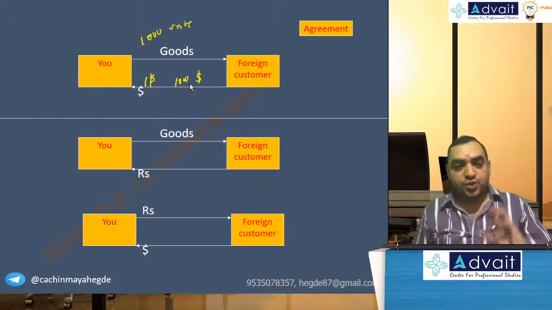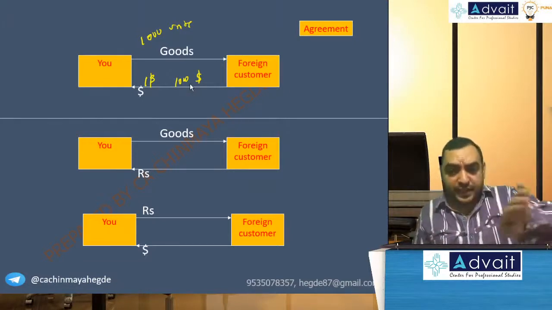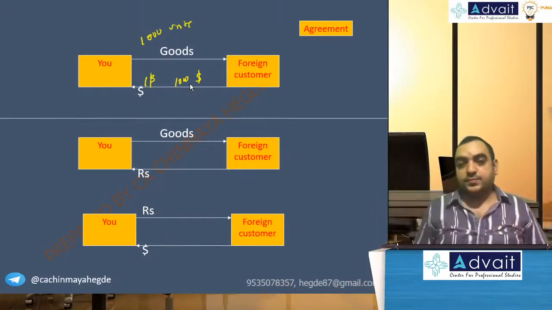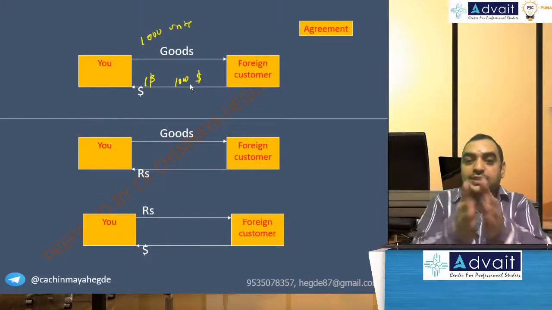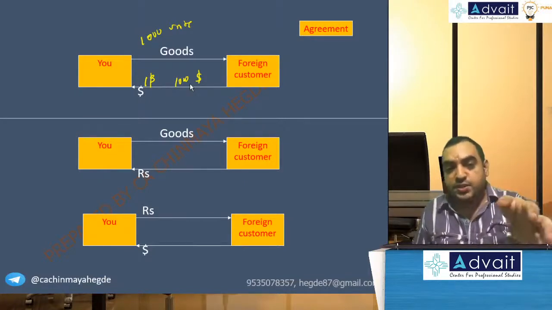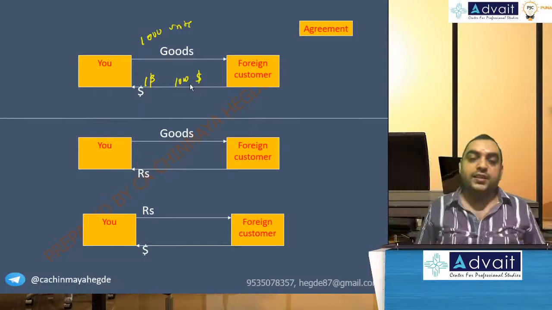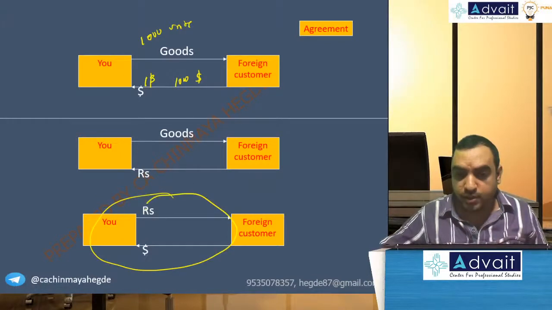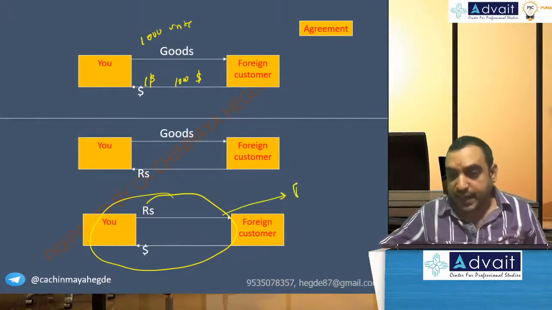The goods which I've sold, let me separate it, and the dollars which I'm buying, let me separate it. This is called separation. One contract is to sell the goods, the other contract is to get the rupees, and this portion alone is called the embedded derivative.